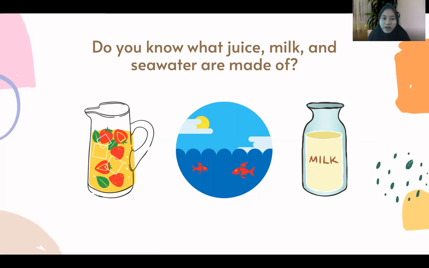How about seawater? Have you drunk it accidentally? The taste of seawater is very salty, right? It is because seawater contains some salt and minerals, and milk consists of water, protein, and fat.